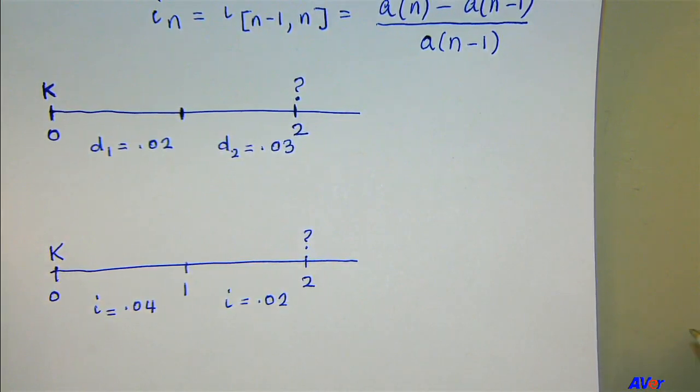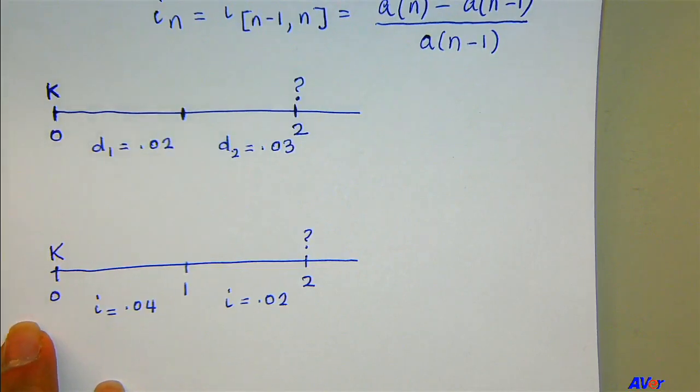So I want to see what you understand. Tell me. Let's do the second one first because it's easier. I'm starting with K dollars at time 0. I want to know what is the accumulated value at time 2.